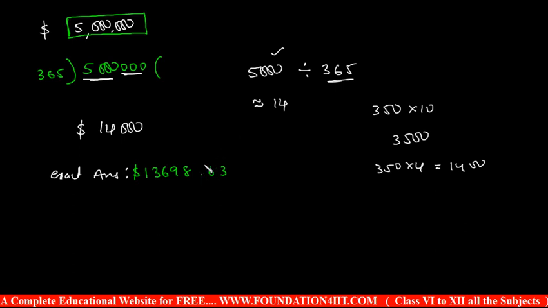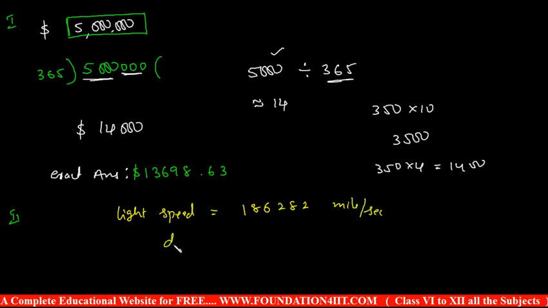Let me give one more example in a different way. For example, how many seconds does light take to travel from the sun to earth? We know the light speed. If I write in miles, 186,282 miles per second.